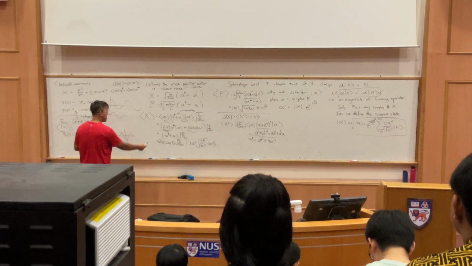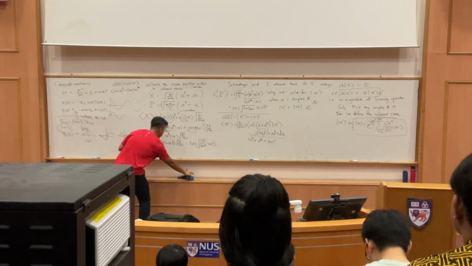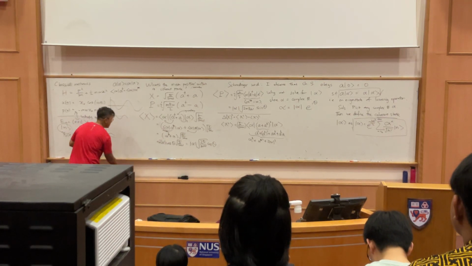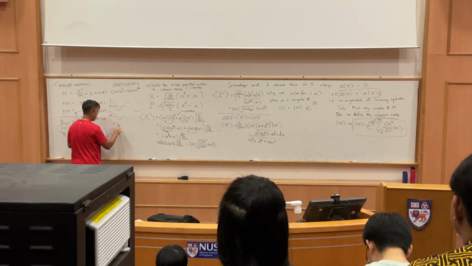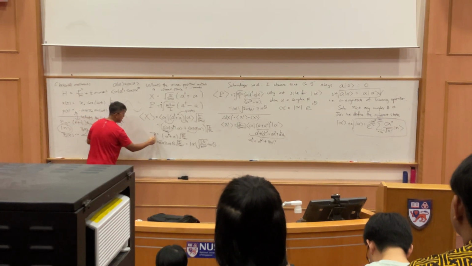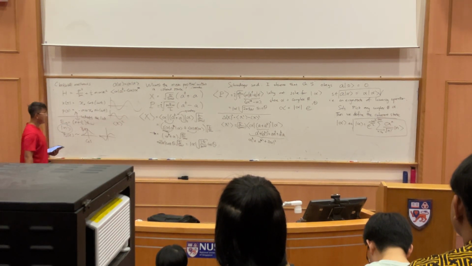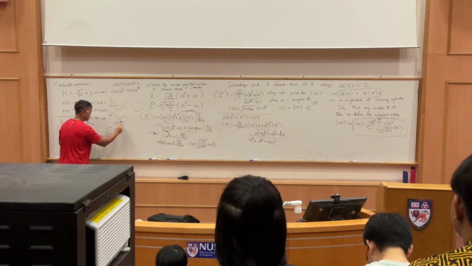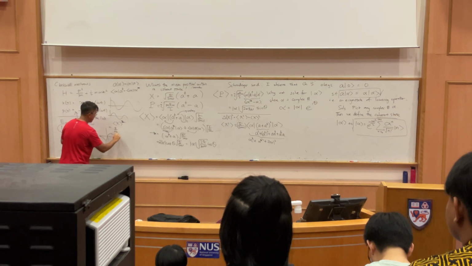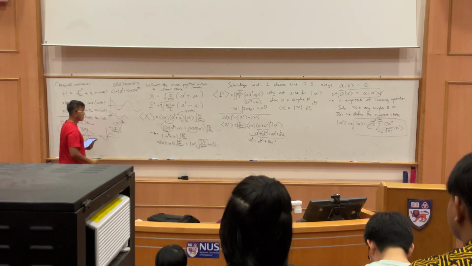Now let's look at the left-hand side again. Left-hand side, x expectation squared, from this line before I evaluate the last line, with the square on the outside, is h bar over 2m omega times alpha star plus alpha, squared.